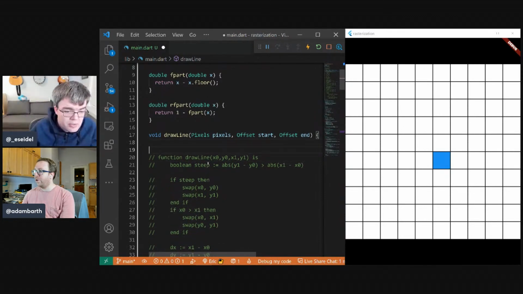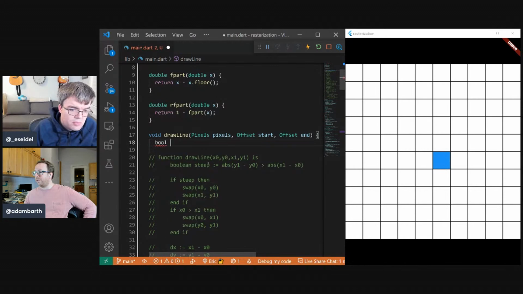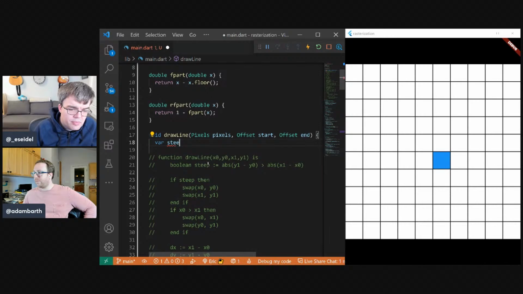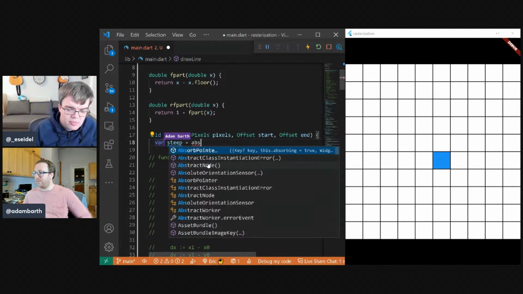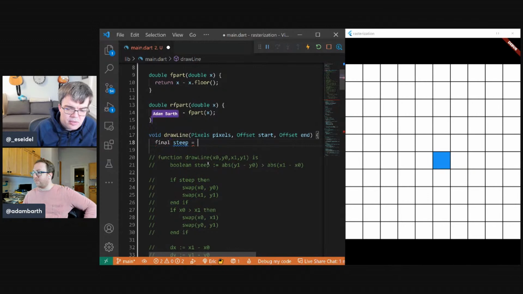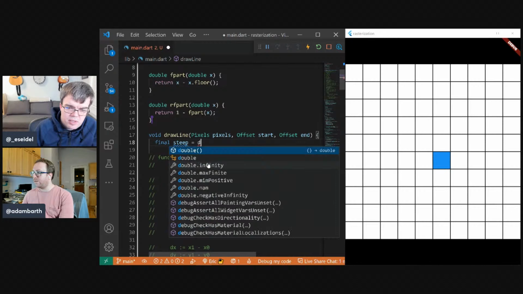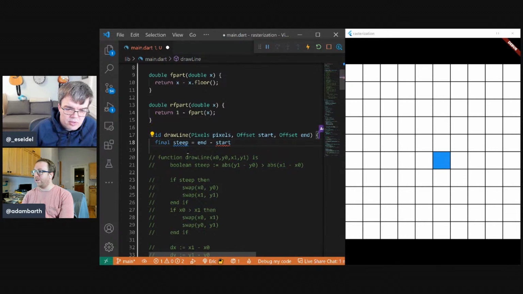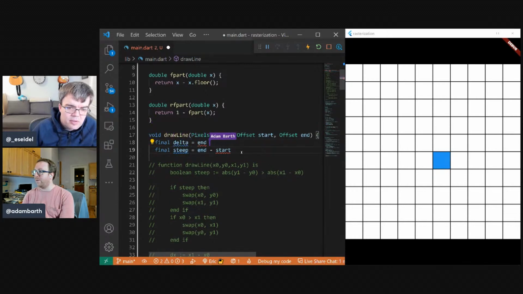Okay, and so you just want to assert that it's steep. Yeah, or not steep. Now steep. This is really your delta. I think offset has a delta. Delta y, delta x. This is just final delta equals end minus start.